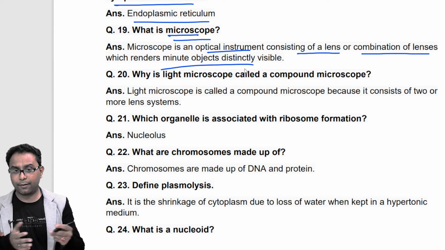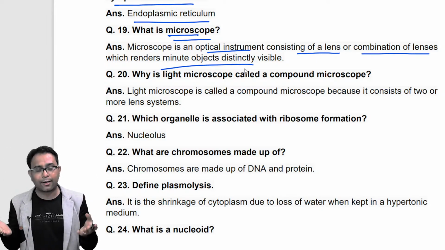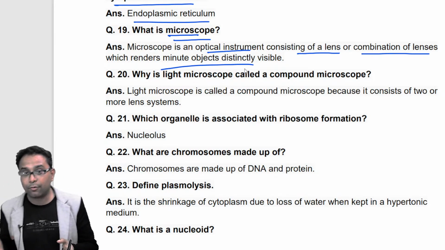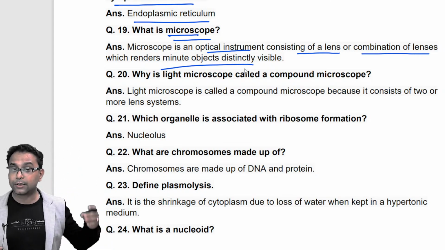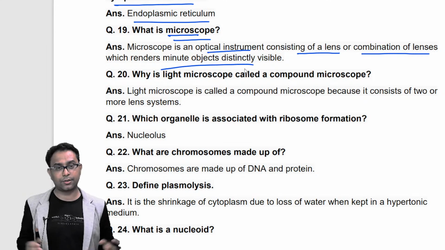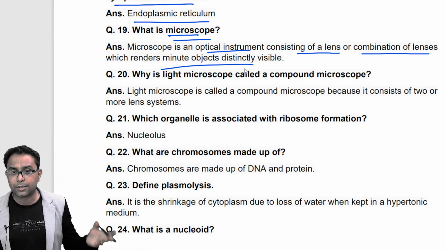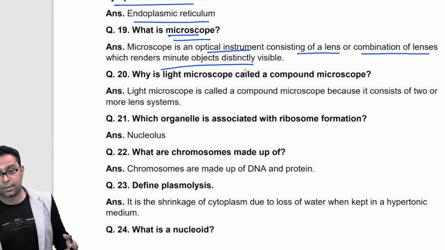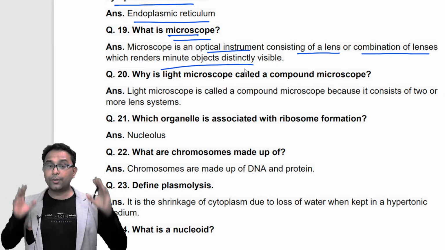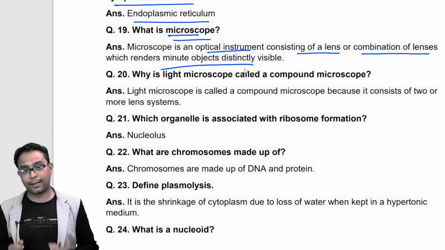Sometimes a very small object cannot be seen with the naked eye. That time we use the microscope to see it, right? So the microscope is the optical instrument consisting of a lens or combination of lenses, which helps to see the minute or microscopic object which we cannot see with the naked eye.